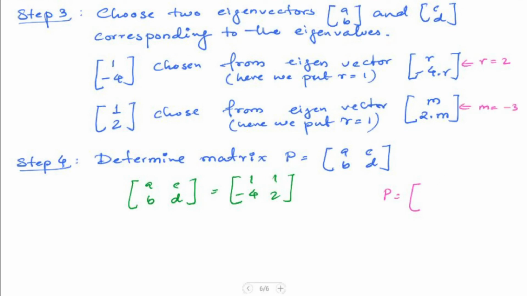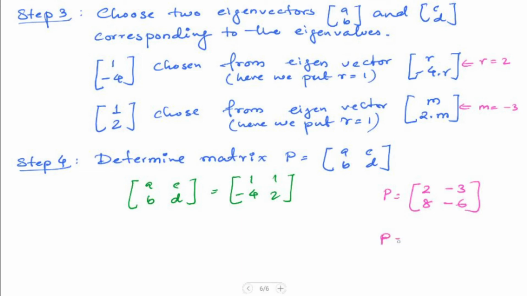Then R is 2, 4 times 2 is 8, and M is minus 3, and 2 times minus 3 is minus 6. We could take P as 2, 8, minus 3, minus 6.